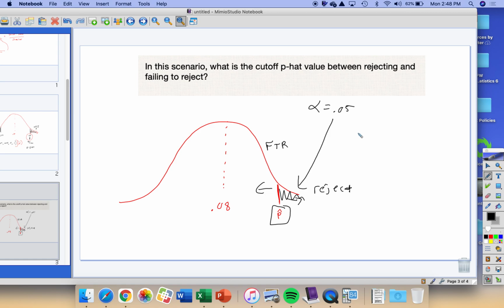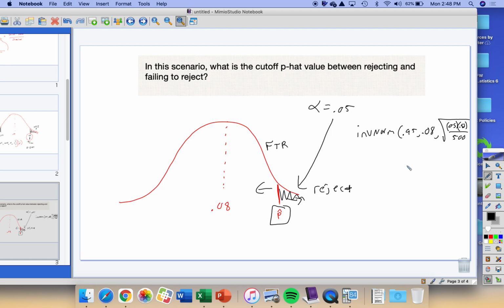So if we did inverse norm, with area to the left 0.95, the mean 0.08, and the standard deviation would have been the square root of 0.08 times 0.92 divided by 500.